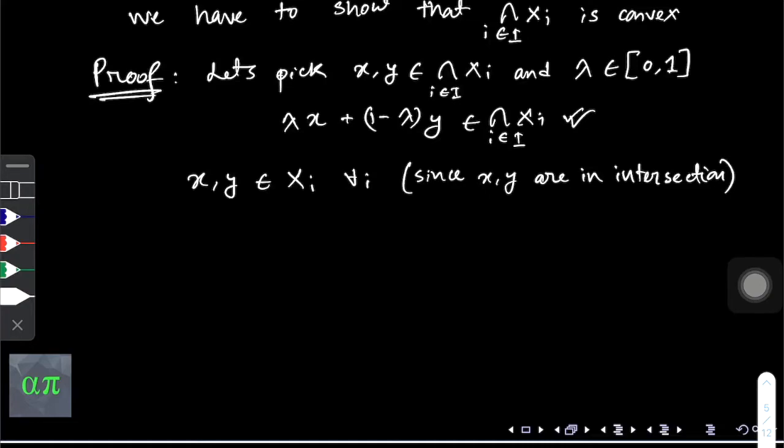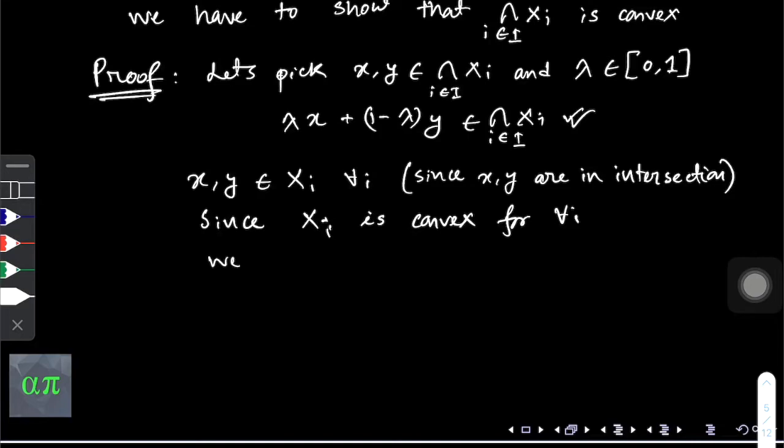Alright, so since X_i is convex for all i, remember we started with a family of convex sets, so all these individual X_i's are convex sets.